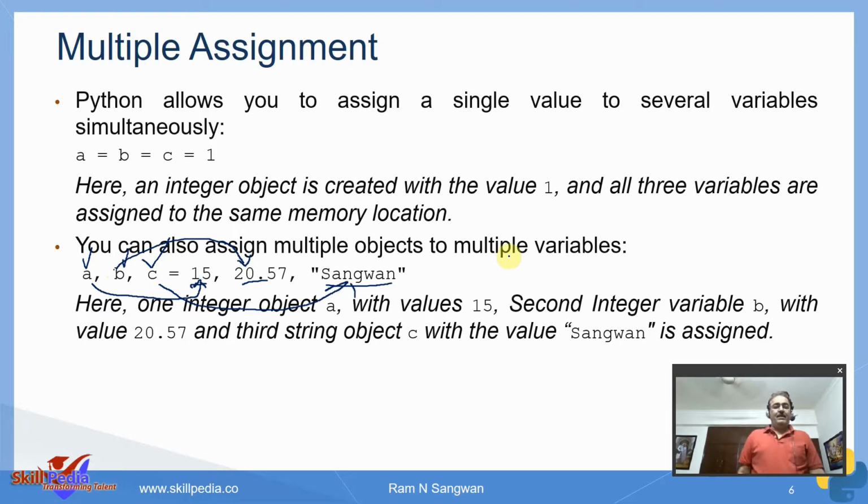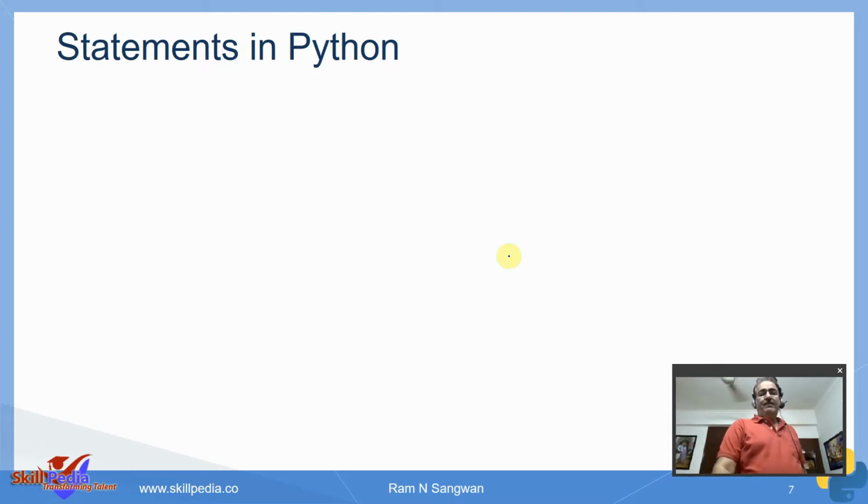So here one integer object A with value 15, a second variable B with value 20.57 and a third string object C with value sang1 is assigned. So you can assign multiple values to multiple variables in a single line. Python allows that.